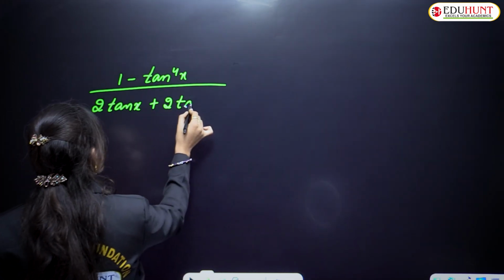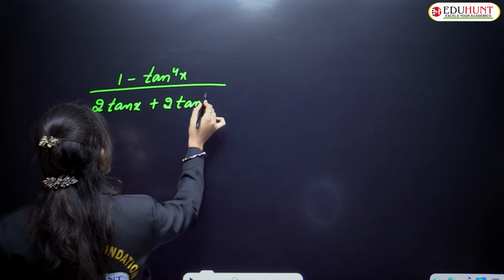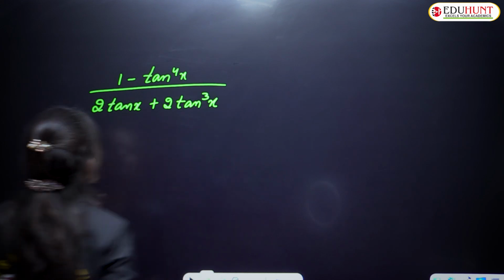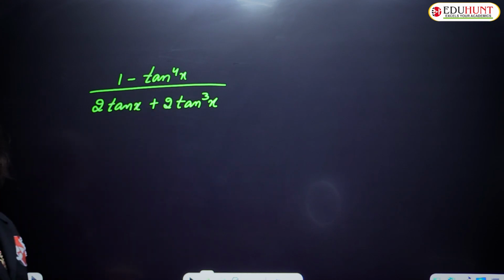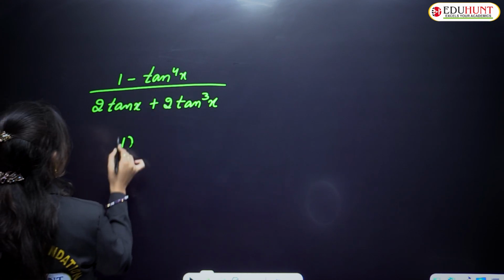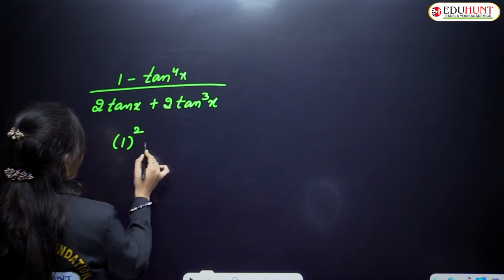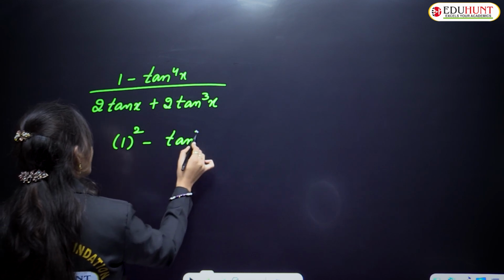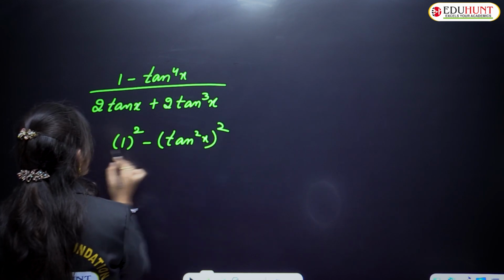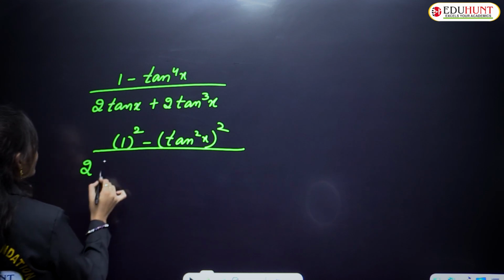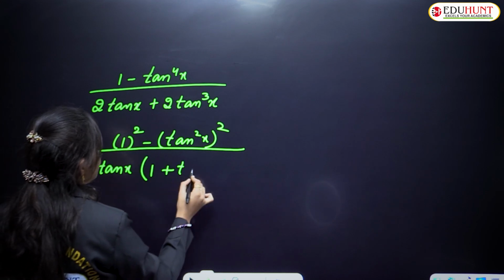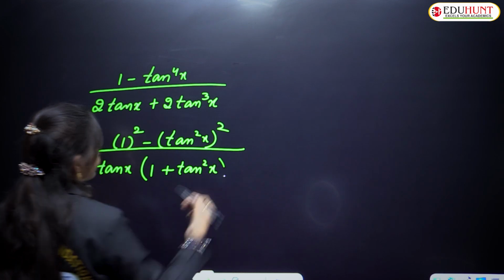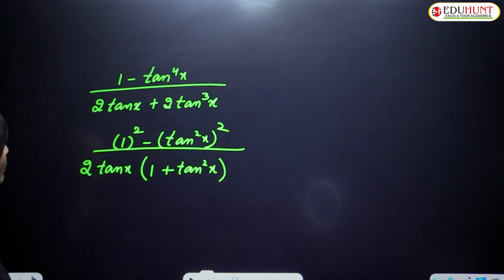Okay, so from this one, here we can write this one as 1 square, again 1 only, minus (tan square x) whole square, whole by, take the 2 tan x as common. So here 2 tan x as common, so 1 plus tan square x is the leftover term.